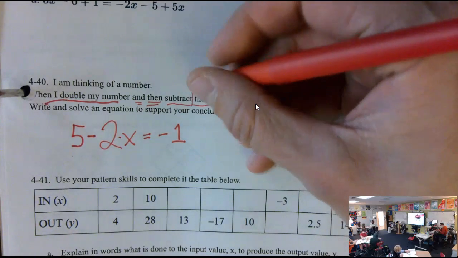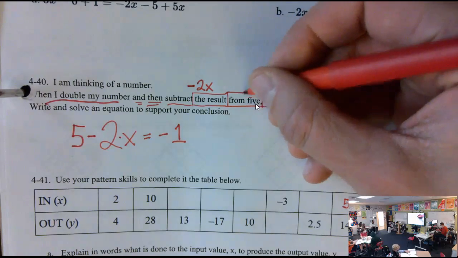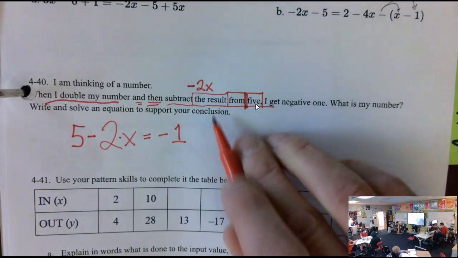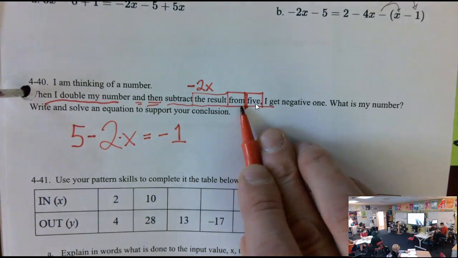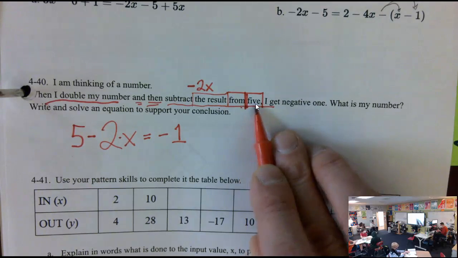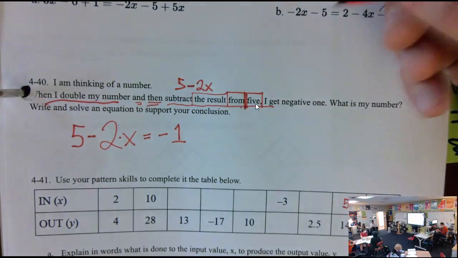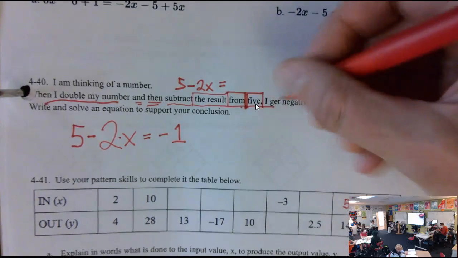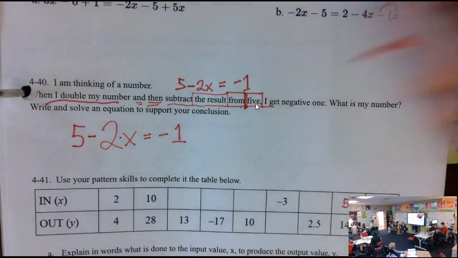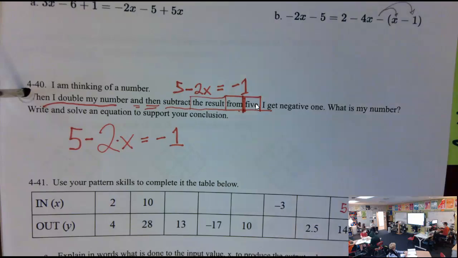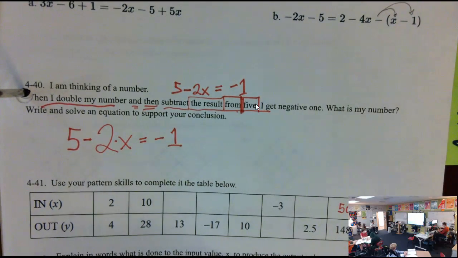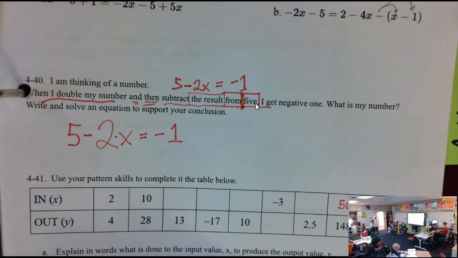I subtract the result from 5. That means I'm taking that away from 5. Equals, I get -1. 5 minus 2x equals -1. Questions?